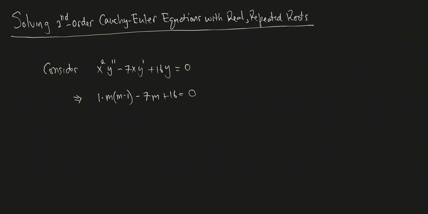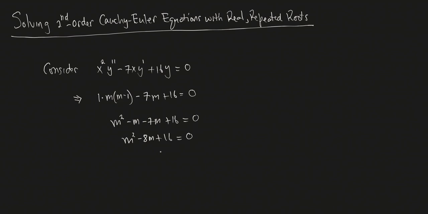So now let's write this quadratic in its standard form, and let's see what we have. We have m squared minus m minus 7m plus 16 is equal to 0. We have a pair of like terms in the middle, so we have m squared minus 8m plus 16 equal to 0.